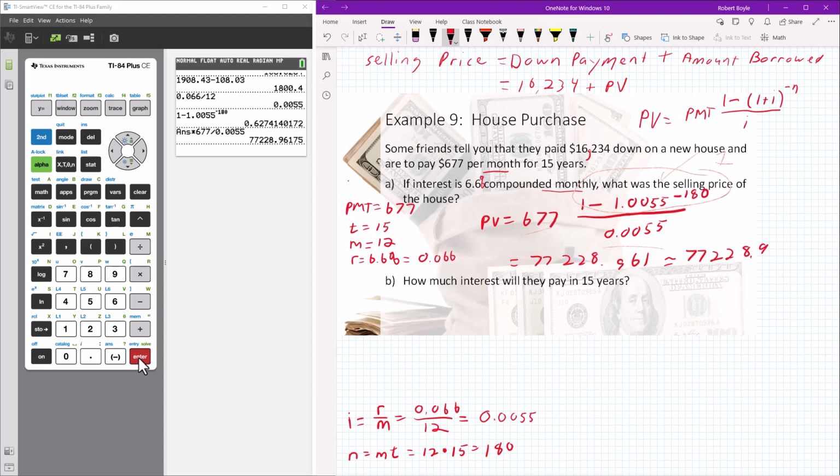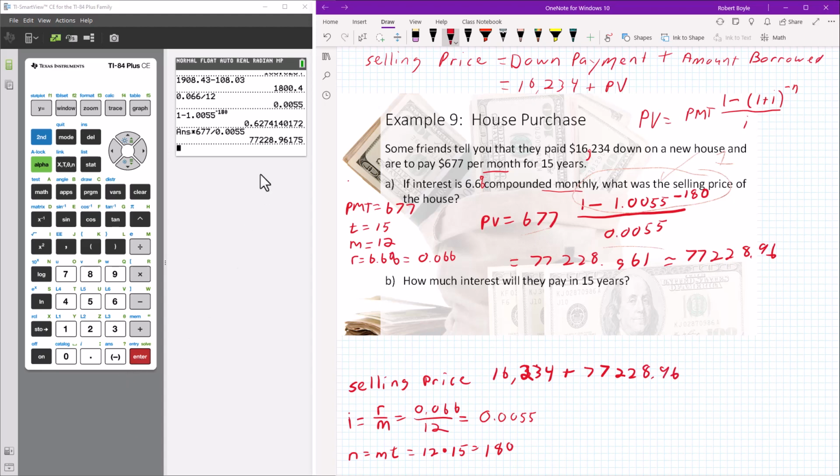and that will round to $77,228.96. Now remember, the selling price of the house is going to be equal to your down payment plus your present value. So the selling price will be equal to your down payment, $16,234, plus the amount you borrowed, which is $77,228.96.